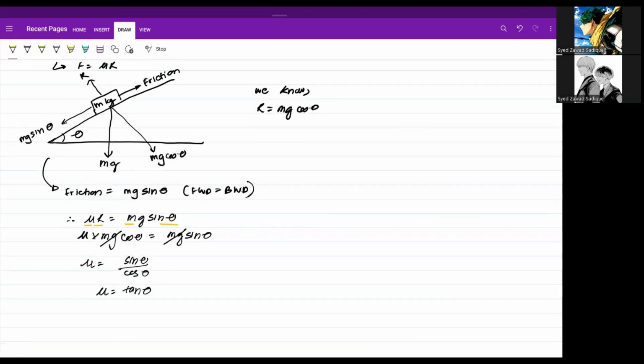Now, as always, I'm going to write down the meaning of the terms so that you guys don't get confused.